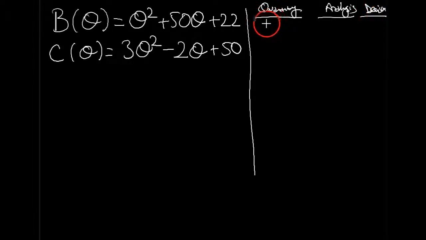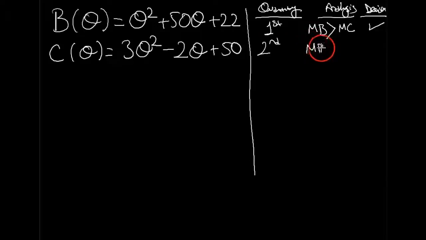Now, we ask this question for the first unit that we produce. What is the marginal benefit of the first unit, and what is the marginal cost of the first unit? If the marginal benefit is greater than the marginal cost, then our decision is yes, let's go ahead and produce the first unit. Then we ask the same question for the second unit.